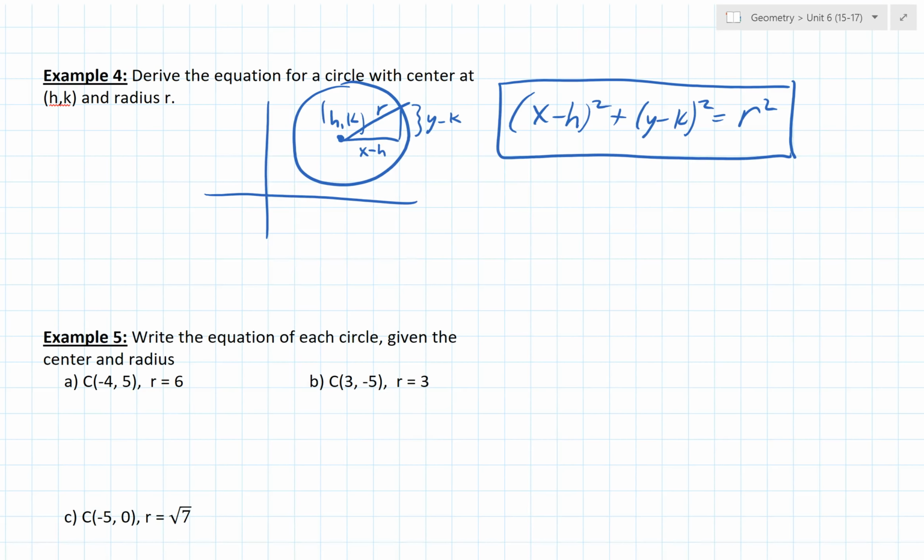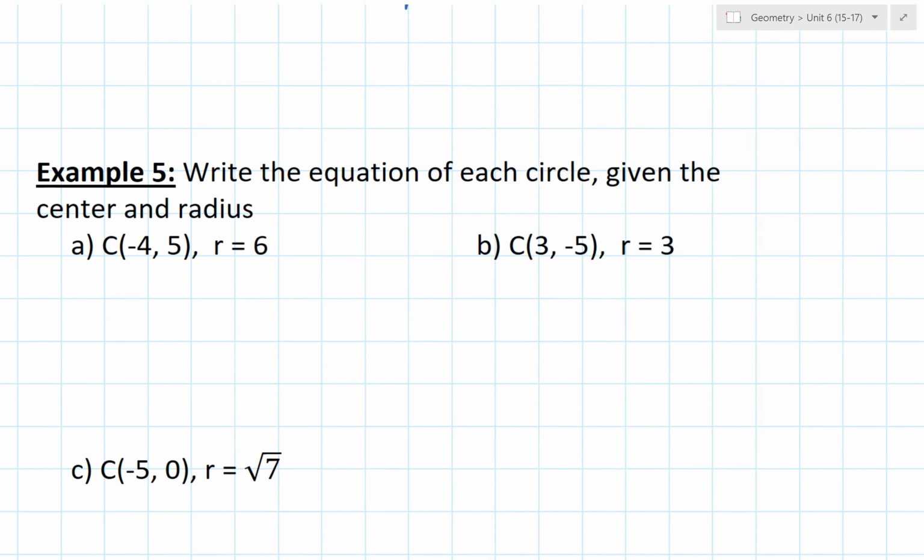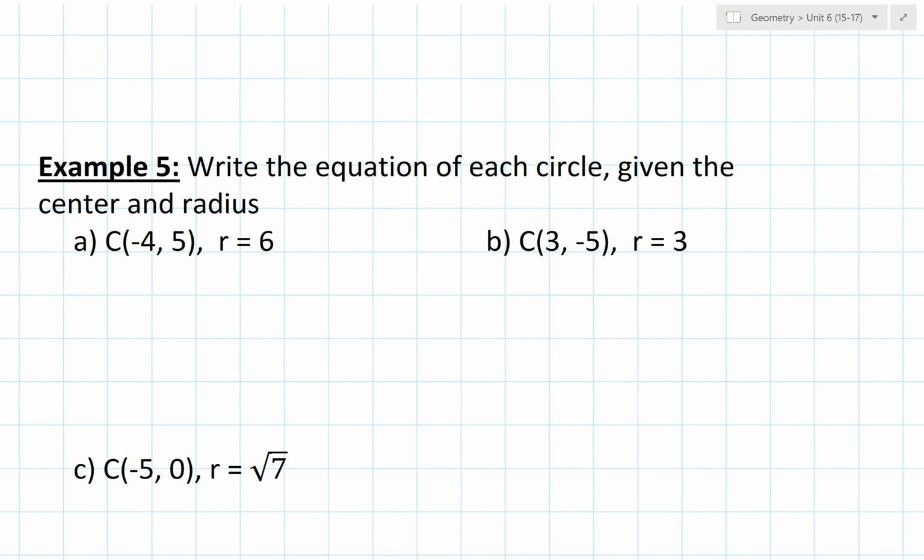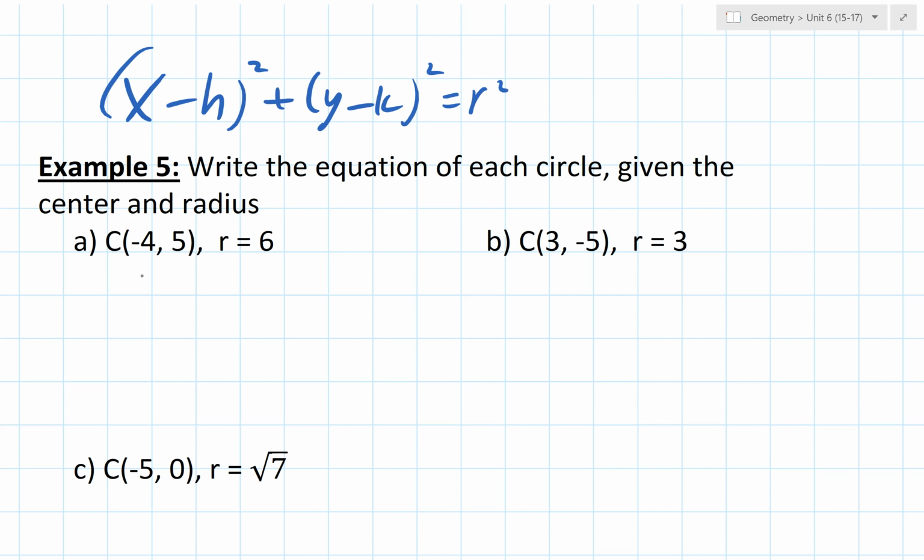Okay? So now we should be able to do problems like this: write the equation of each circle given the center and the radius. So using that equation, (x − h)² + (y − k)² = r², our center is at (−4, 5), so we fill in −4 for h and 5 for k, and r equals 6.